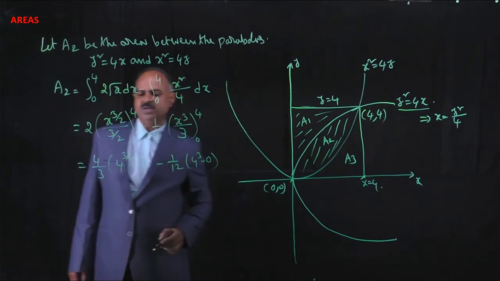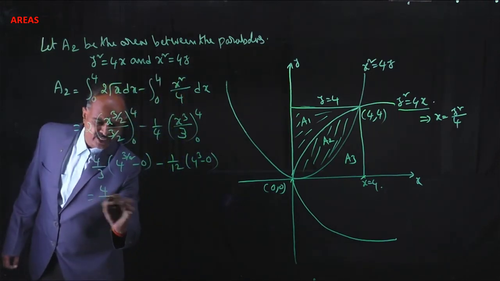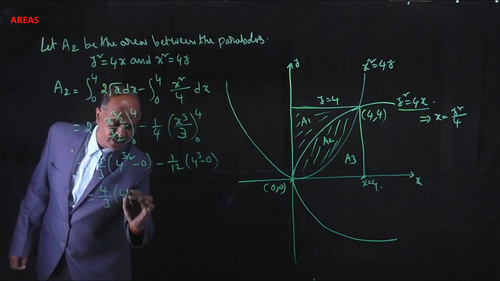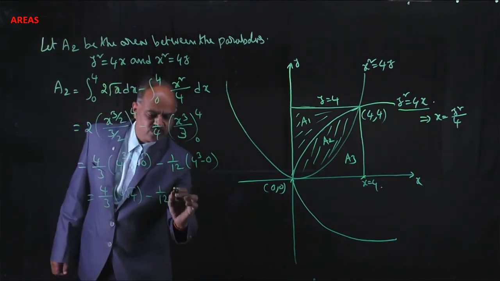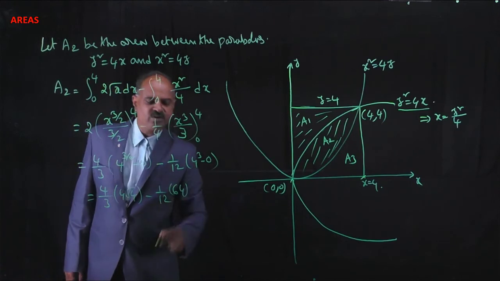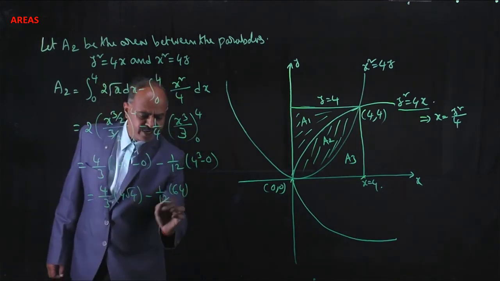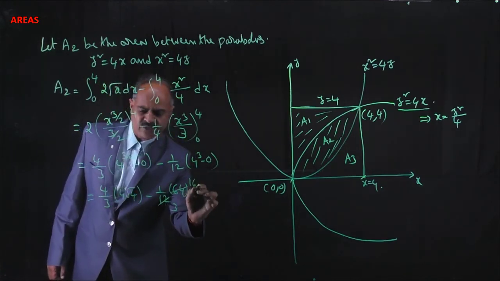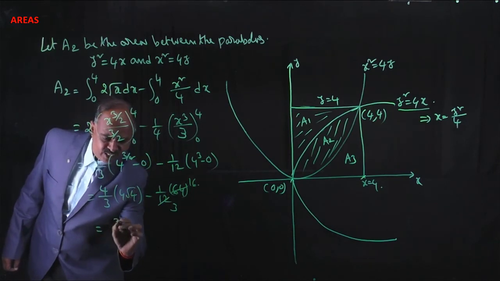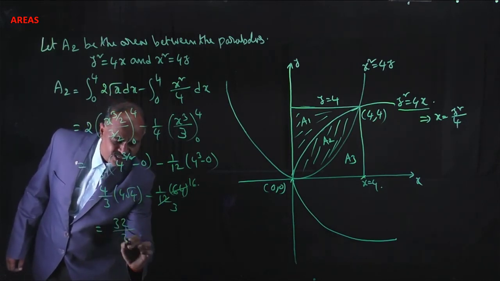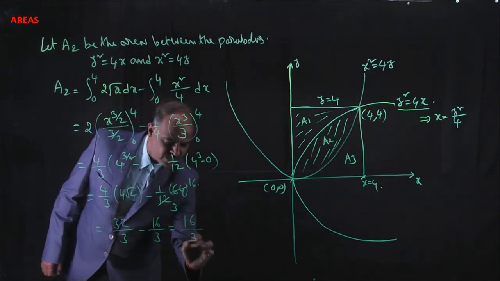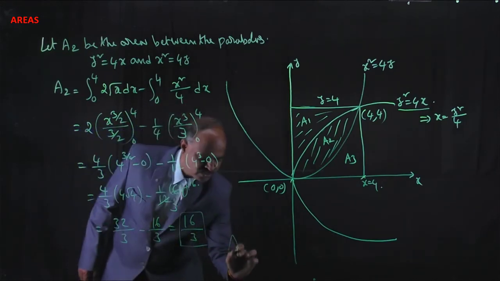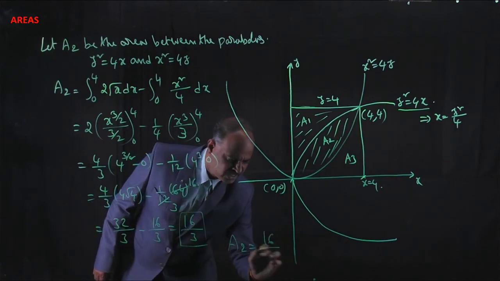That is 4 by 3 into 4 root 4, minus 1 by 12 into 64. That is 32 by 3 minus 16 by 3, which is equal to 16 by 3. So therefore A2 is equal to 16 by 3 square units.